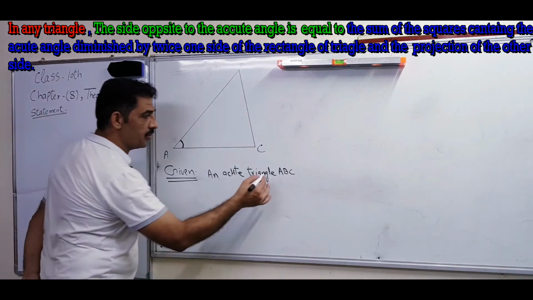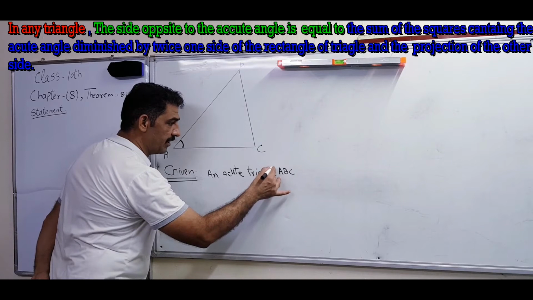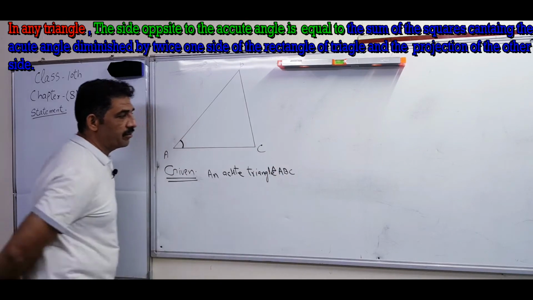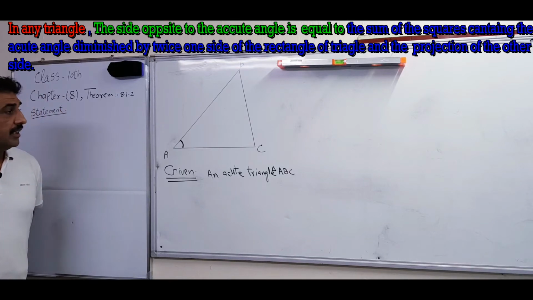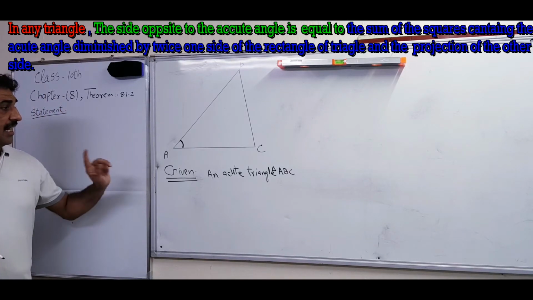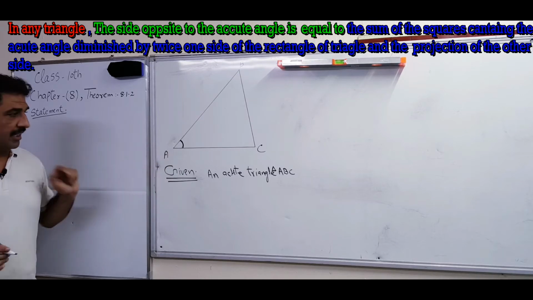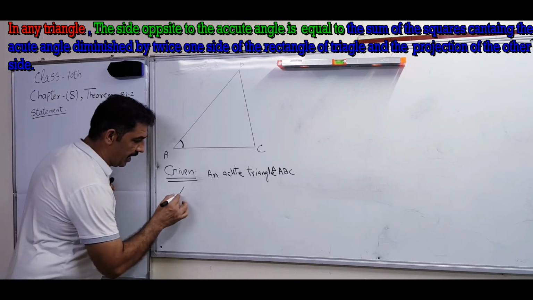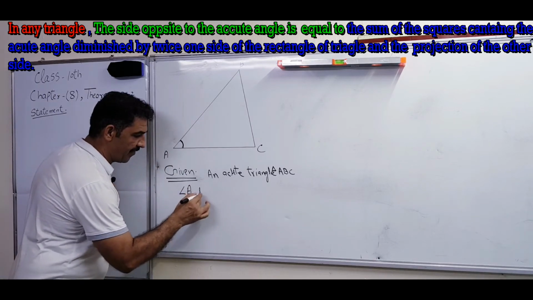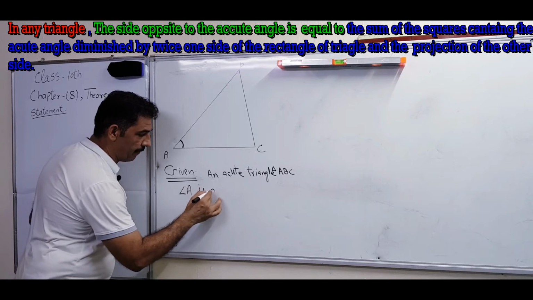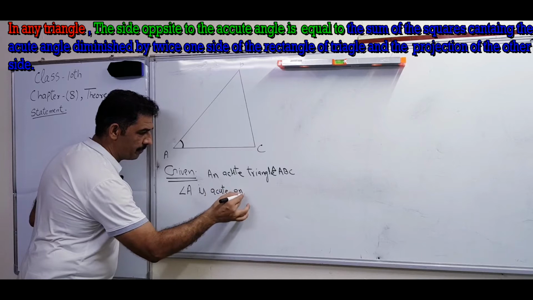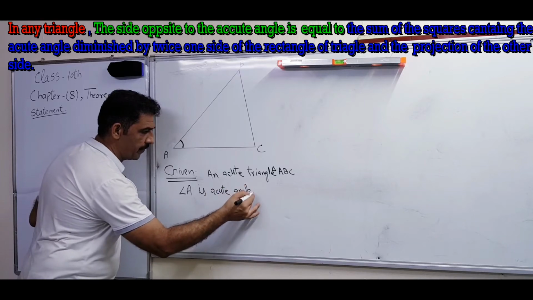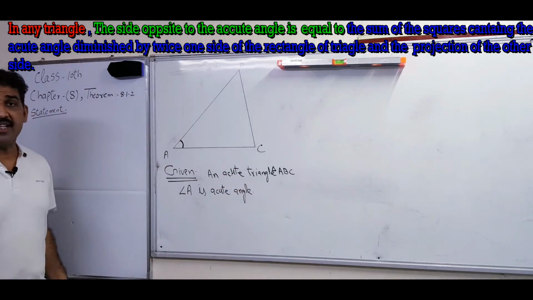Otherwise, if you use the sign of triangle, then it is up to you whether to write the word triangle or the sign of triangle. Okay, in the acute triangle, angle A is an acute angle. That is the second point.